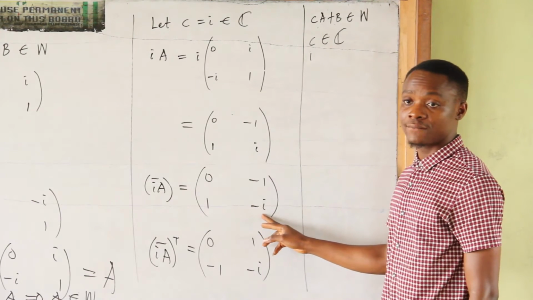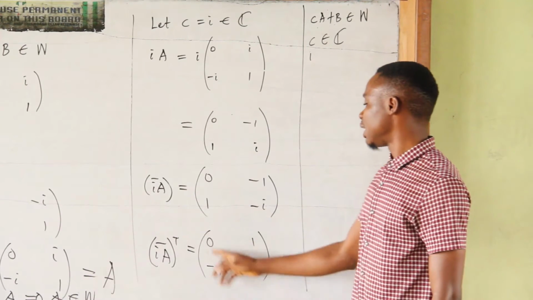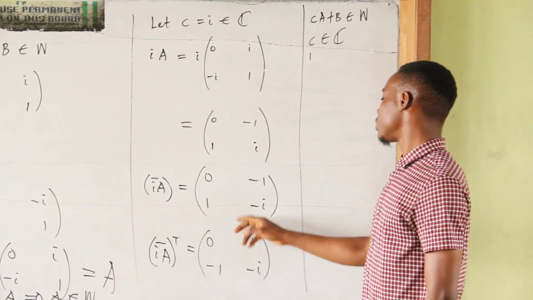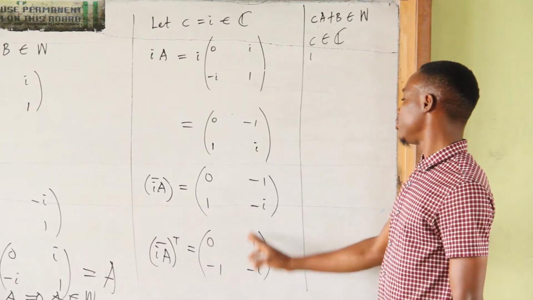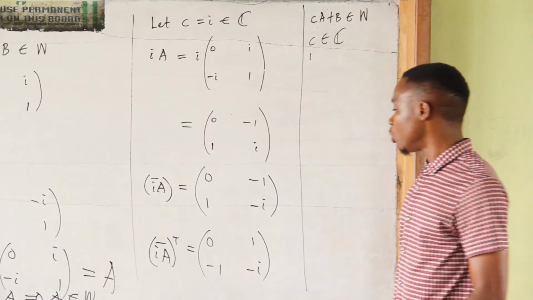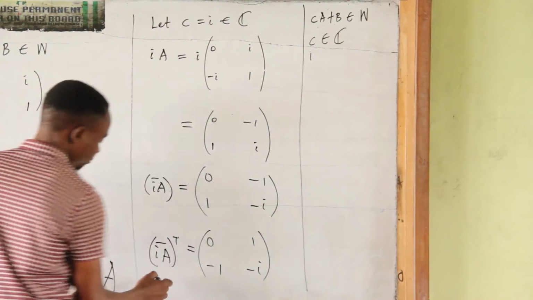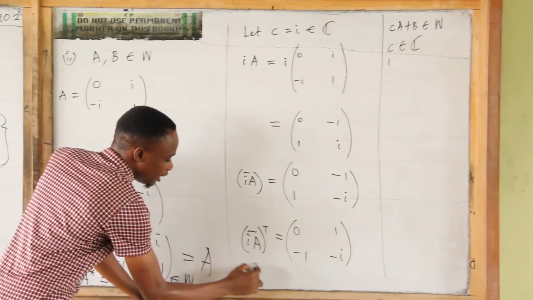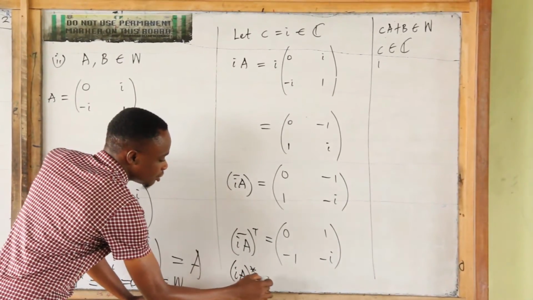Is this clear? When I transpose that, I'm going to get 0, minus 1, and this is 1 here, and then minus 1. Did you get that? So what I have here is (iA)*.